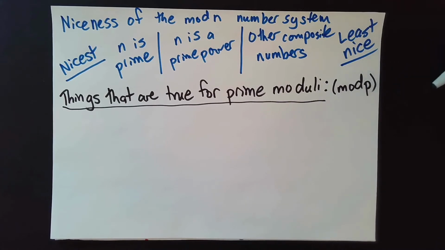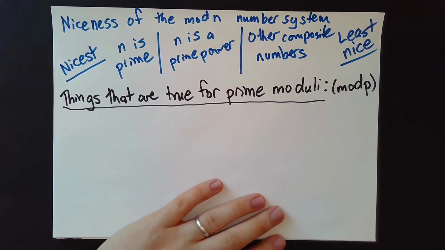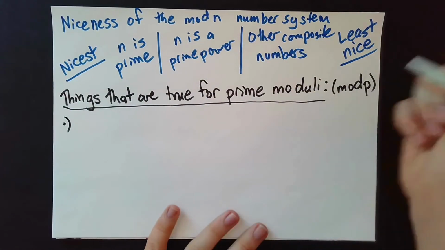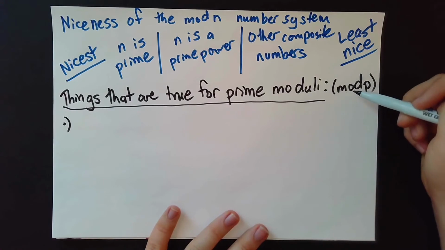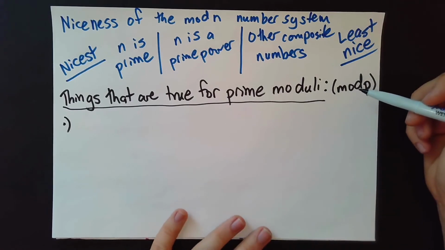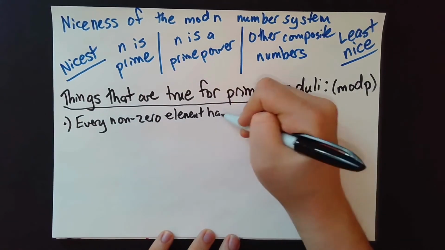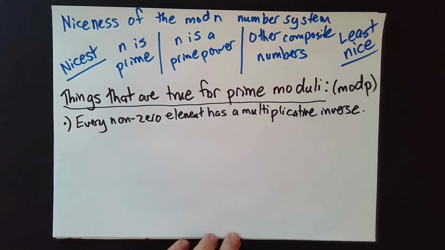My goal is to remind you of the ways in which these theorems resemble the things about the real numbers, to the extent that they do. The first thing that's really nice about prime moduli, and that follows immediately from our discussion of inverses, is that when I'm working modulo a prime, every non-zero element has a multiplicative inverse.